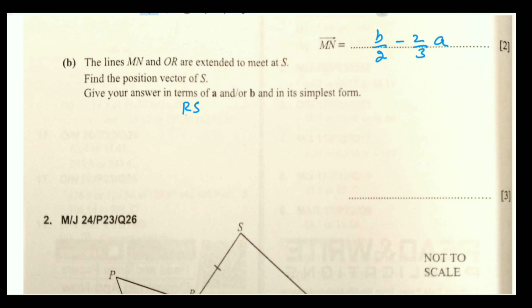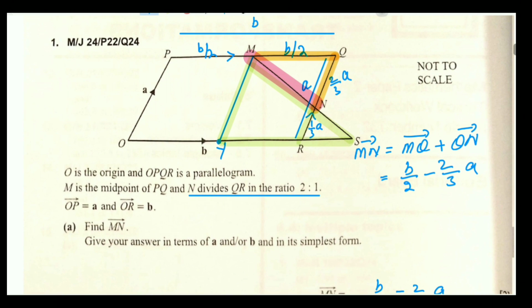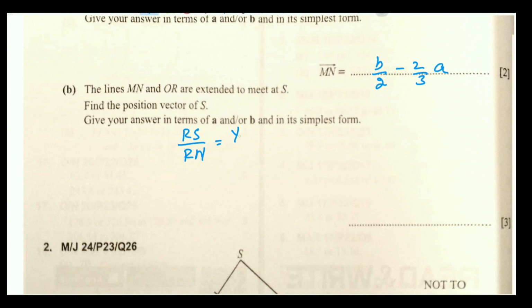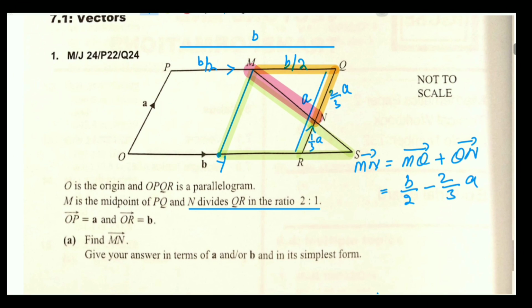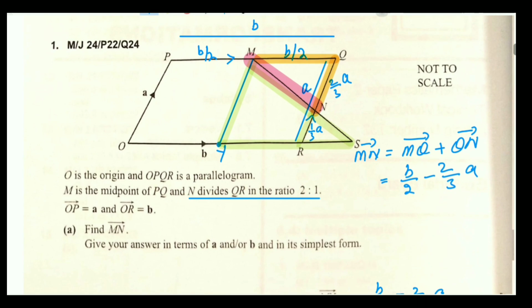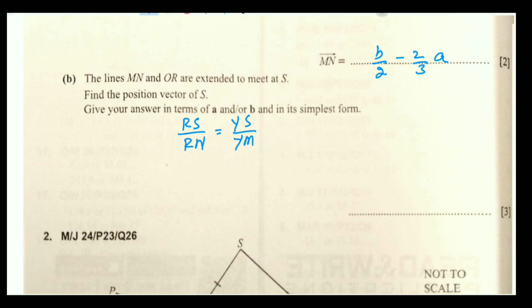If RS over RN, their corresponding sides are YS and YM. So for this you should know the similarity topic. So this is the ratio method of similarity that we have to use here. RS over RN is equal to YS over YM. RS we don't know, that will remain as it is.